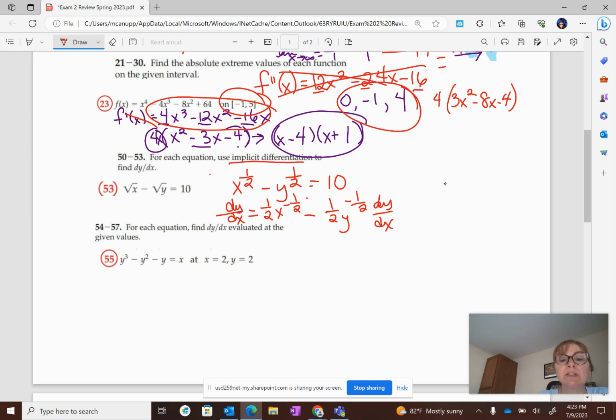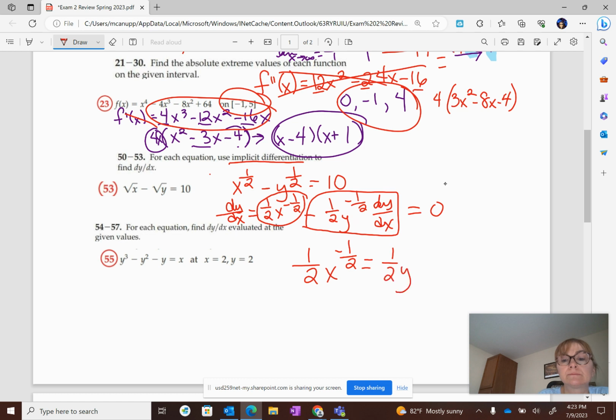This does not have a dy dx. This is negative, so I'm going to go ahead and put it on the other side of the equal sign. Now I want to get dy dx by itself, so I'm going to divide by this.